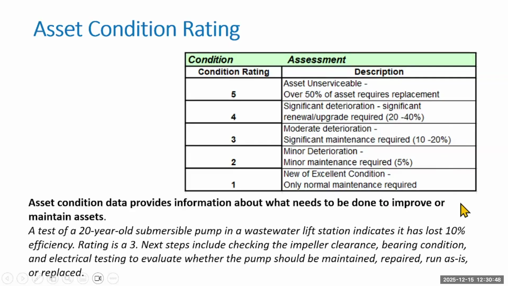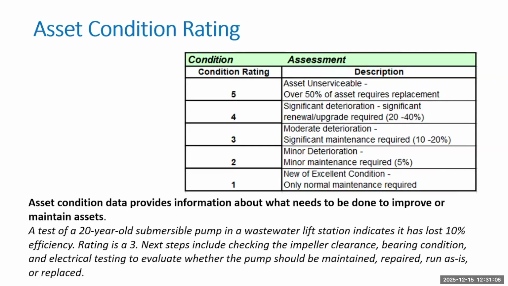So asset condition data provides information about what needs to be done to improve or maintain assets. We've got an example here of a test of a 20-year-old submersible pump in a wastewater lift station that indicates it has lost 10% efficiency. The rating is a 3.